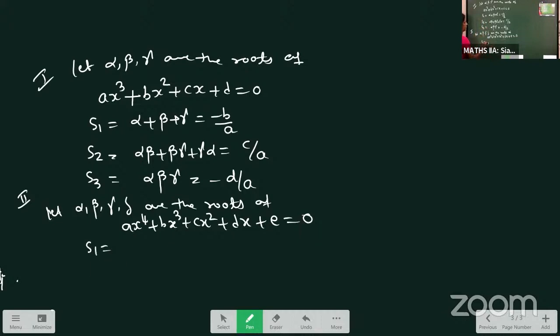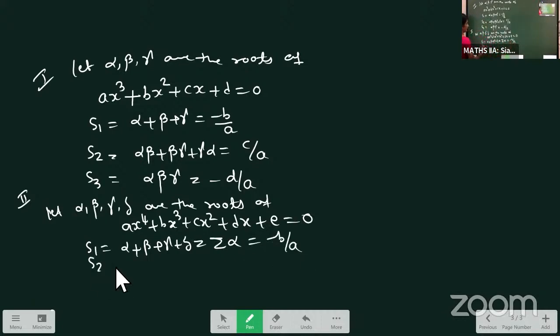S1 is alpha + beta + gamma + delta. Instead of writing all the terms, you can use sigma alpha = −b/a. The sum of the roots is always −b/a.